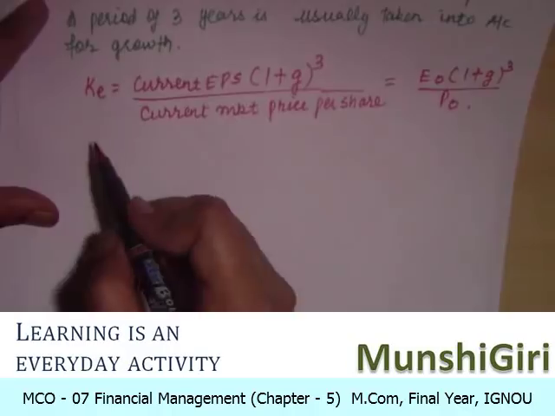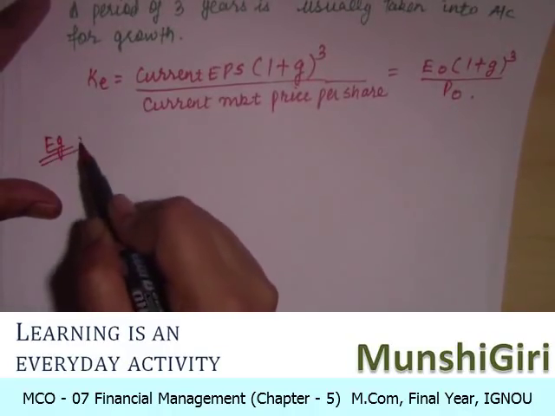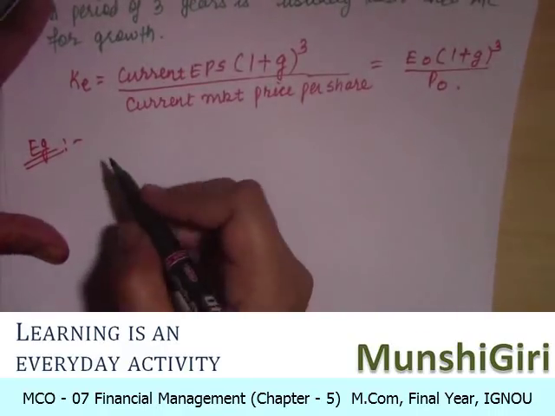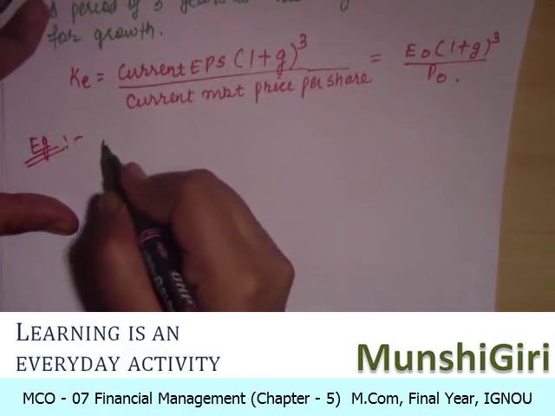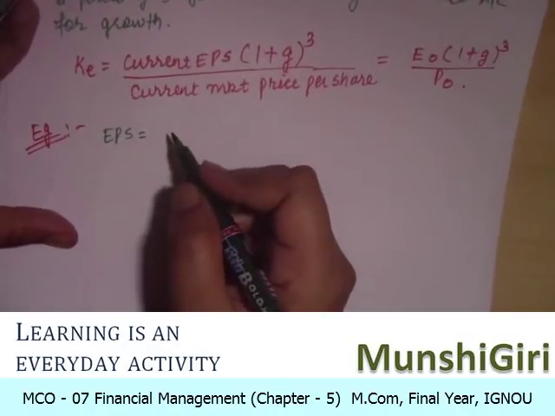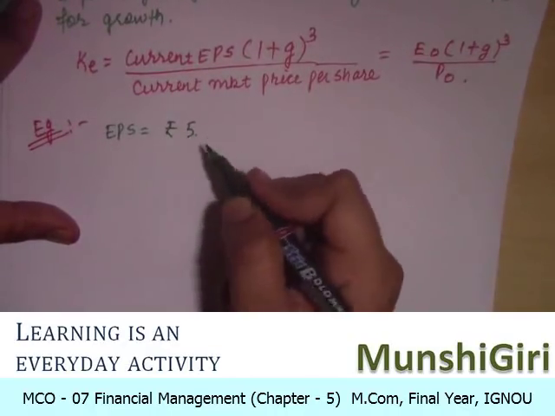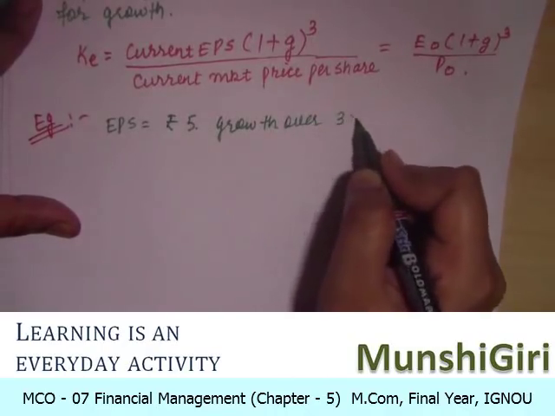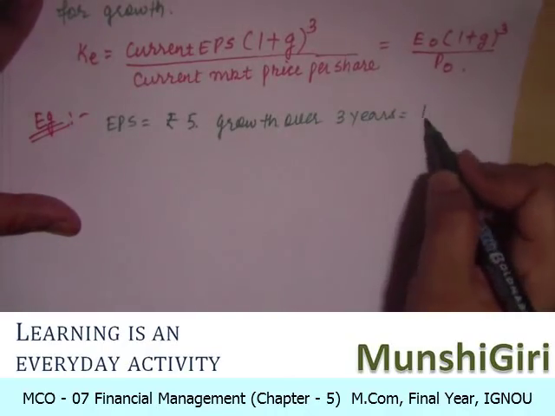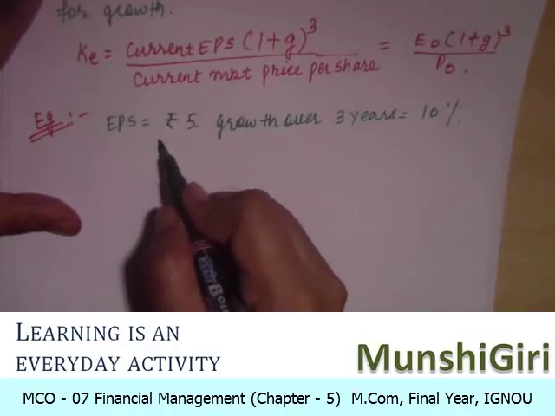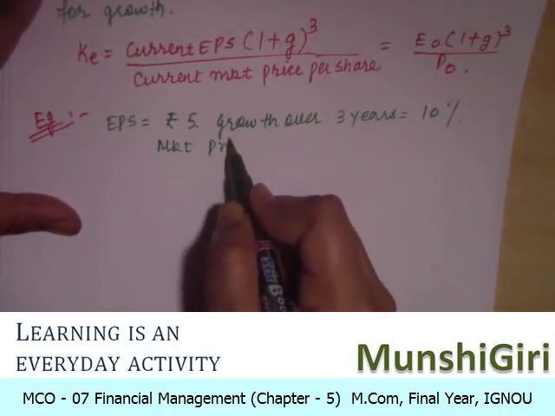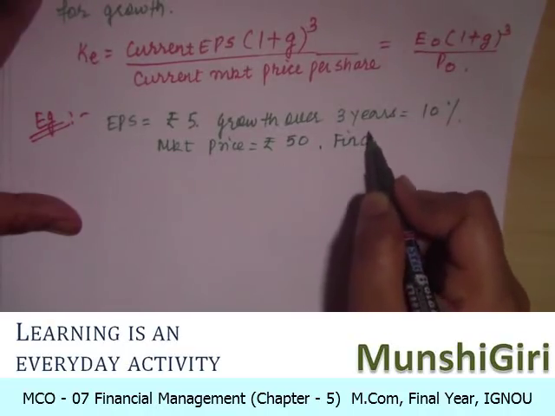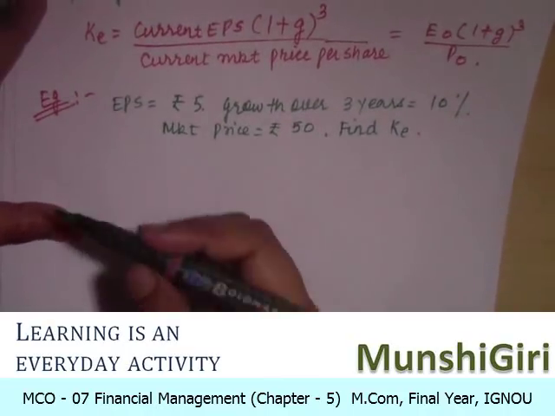Let's take up an example. EPS is rupees 5. Growth over 3 years is 10%. Market price is 50. And you are required to find the cost of equity capital.